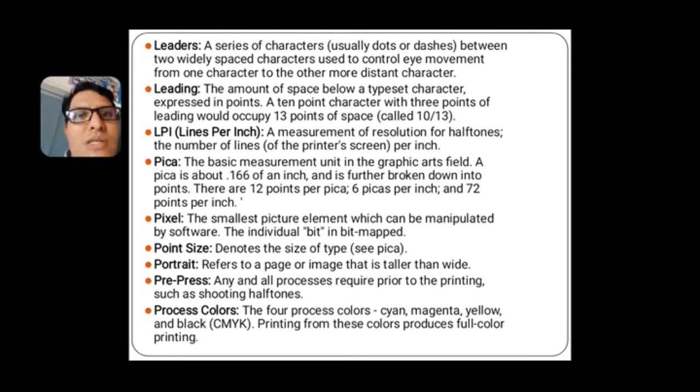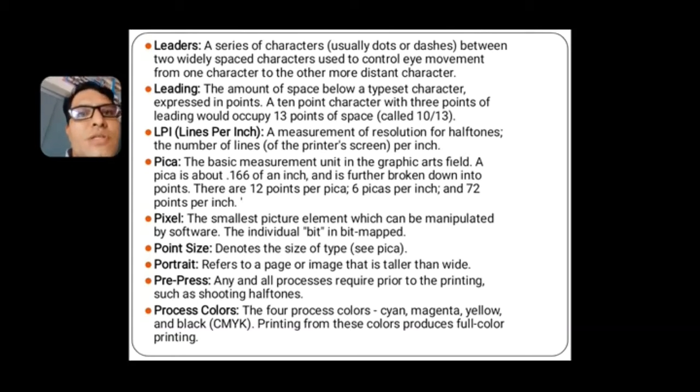And next one is LPI. LPI stands for lines per inch. A measurement of resolution for halftones, the number of lines per inch. So if you observe, lines per inch is a measurement of our resolution. As we know, resolution means good quality. The good quality of images consists of dots, halftone dots.